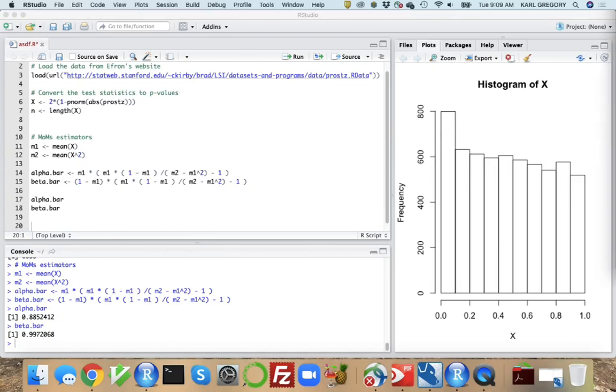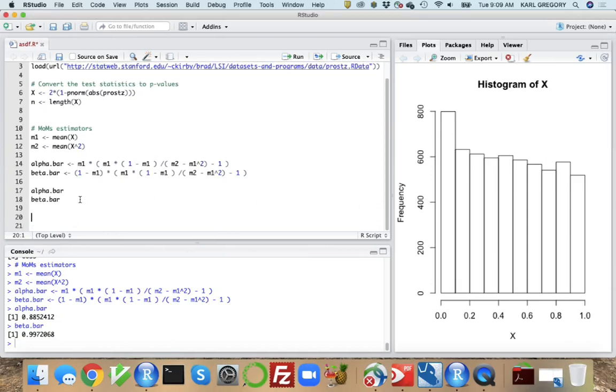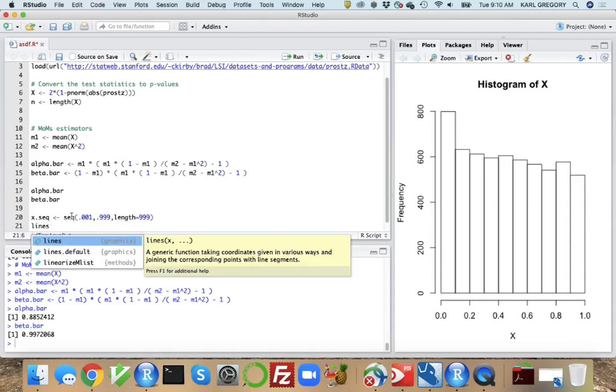And we had made some plots where we overlay the density, so let me make that again. Let's make an x sequence of length 9.